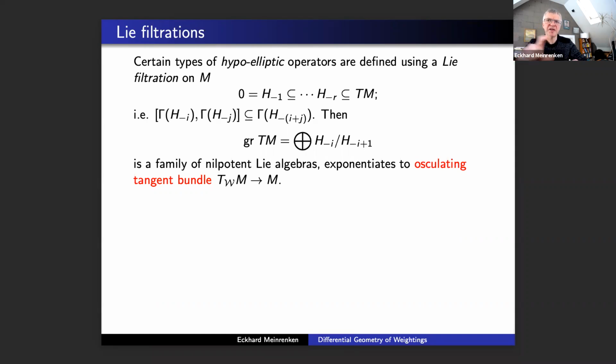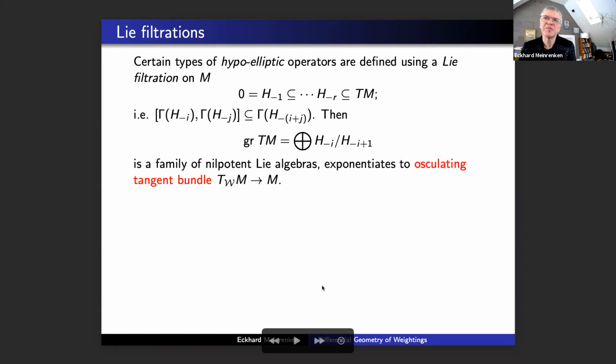It's not a Lie algebra bundle, so the Lie algebras don't have to be isomorphic at different points. So in that sense, it's a family of Lie algebras. Anyway, because they're nilpotent, you can exponentiate them globally, and you get a family of Lie groups. And this is what's called the osculating tangent bundle in this theory of Lie filtrations.